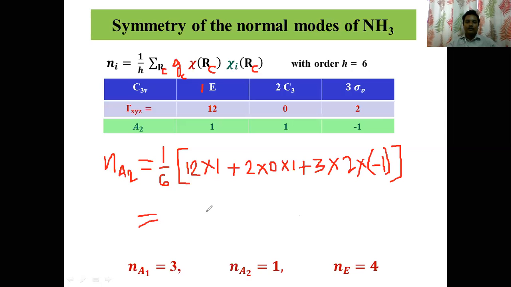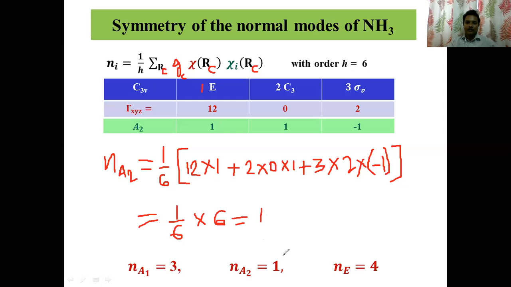This number is going to be something like 3 into 2 minus 6. This is 12, and this is 0. So I'm going to get 1 by 6 into 6, right? So that gives me 1. So that's what I have written here.